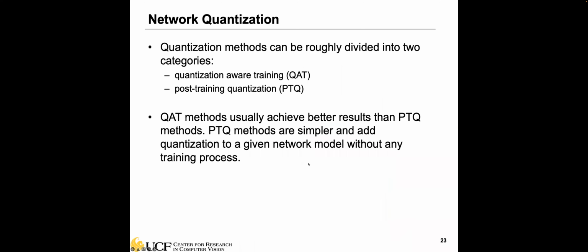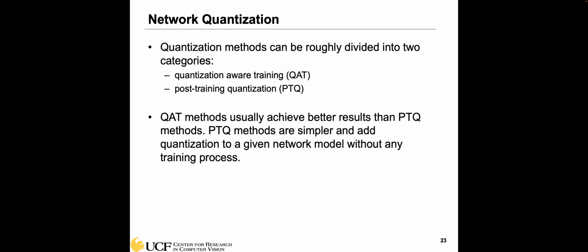So the benefit of post-training quantization is that it's much simpler than quantization aware training, right? Because you just do some quantization calibration, right? What's the range or scales you want to use for the quantization. So there is no fine-tuning or retraining involved.